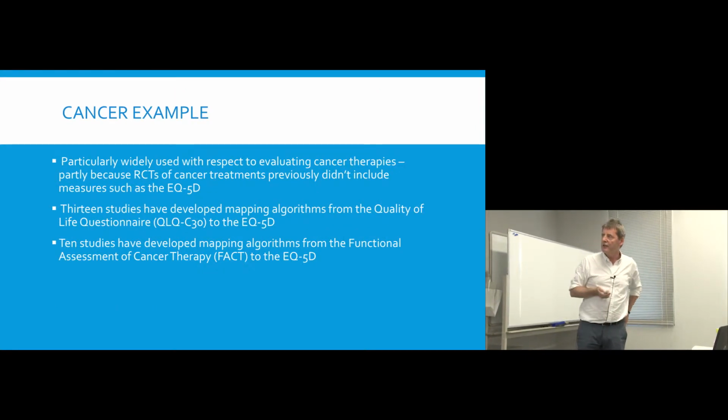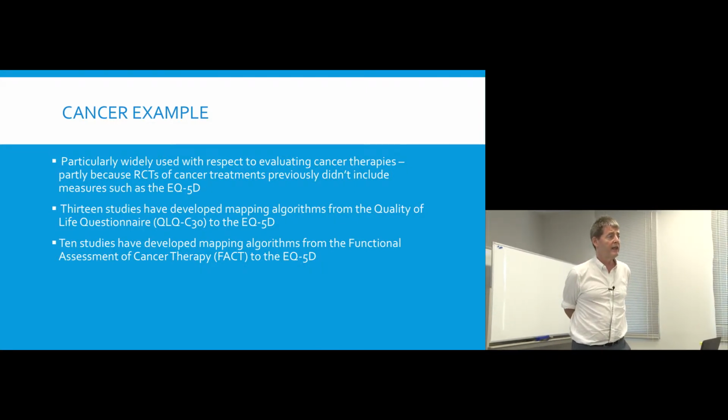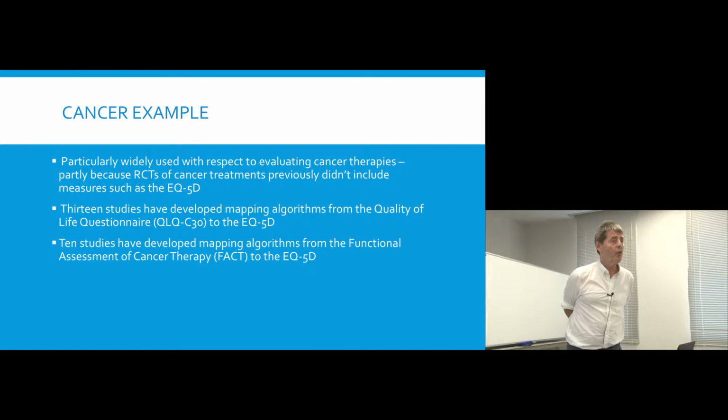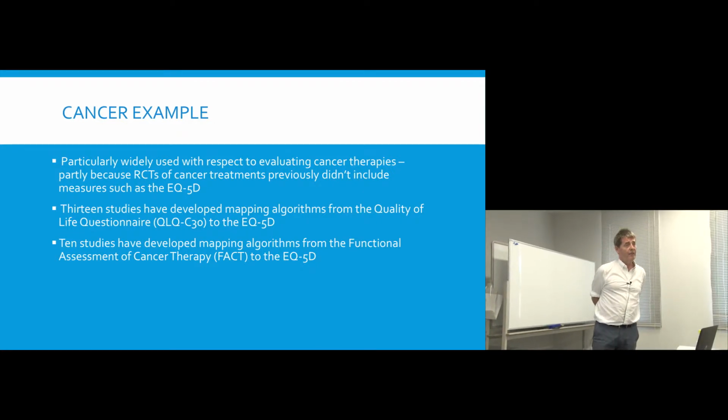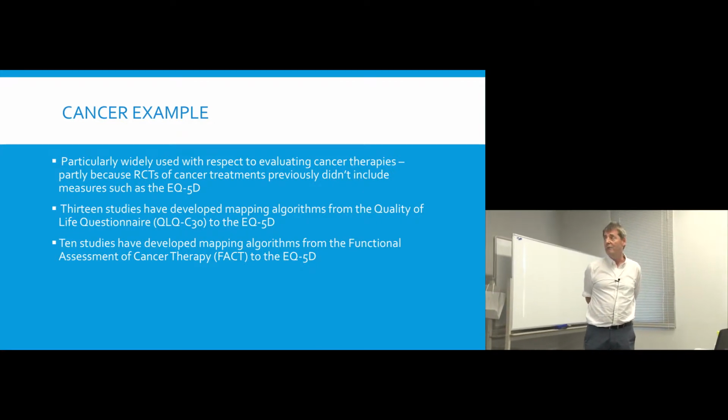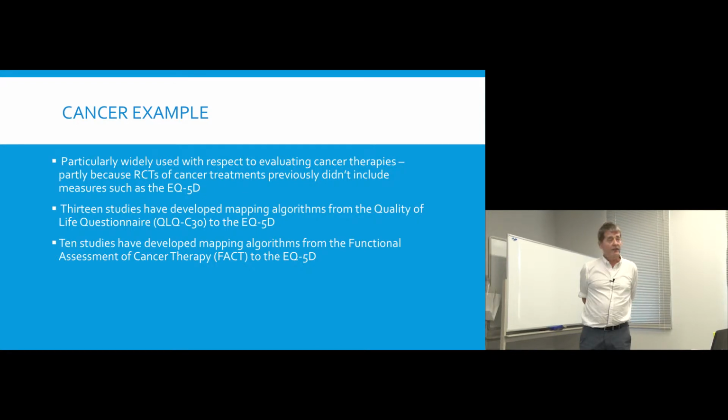I'll give you a cancer example, and mapping's been particularly widely used in the area of cancer because it used to be quite standard that measures of health states such as EQ5D were not collected in cancer trials. It's now changed substantially and they are being collected.